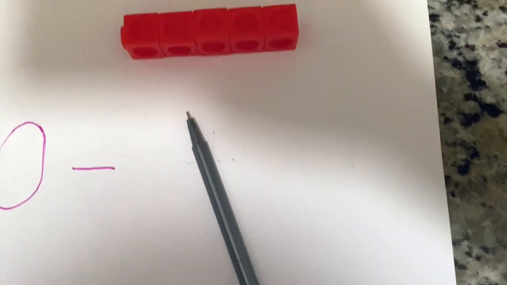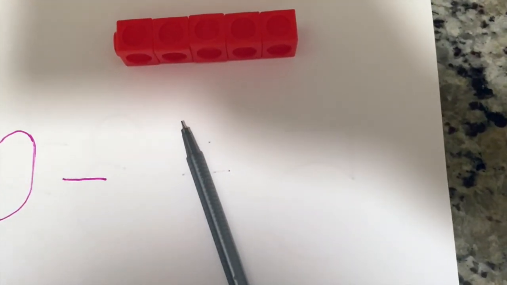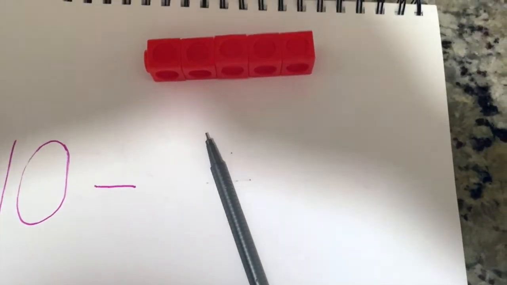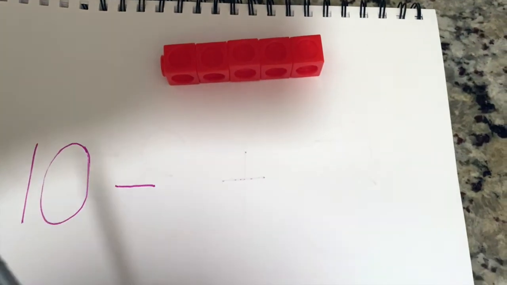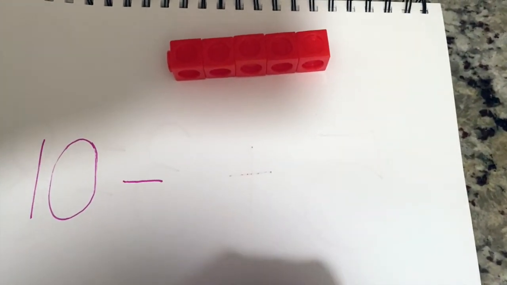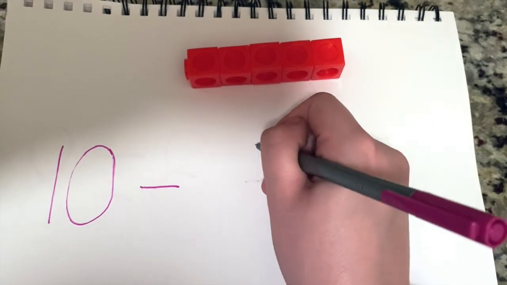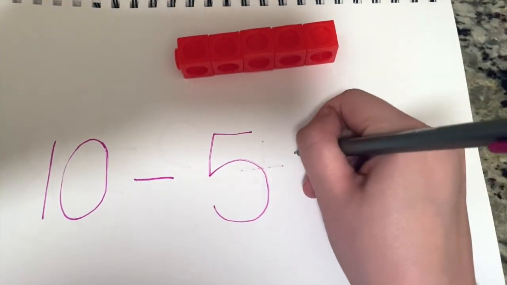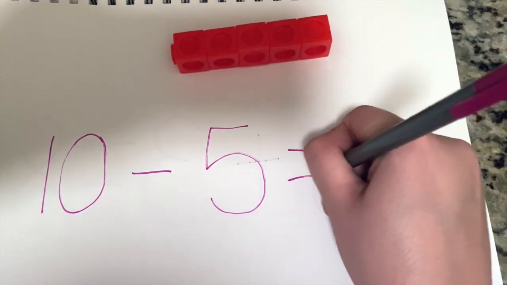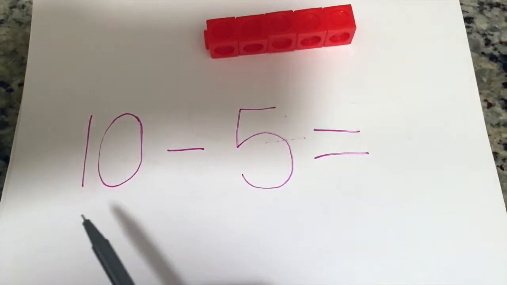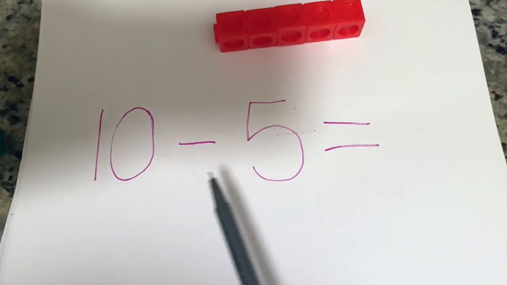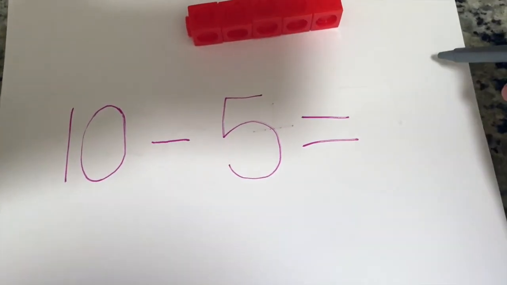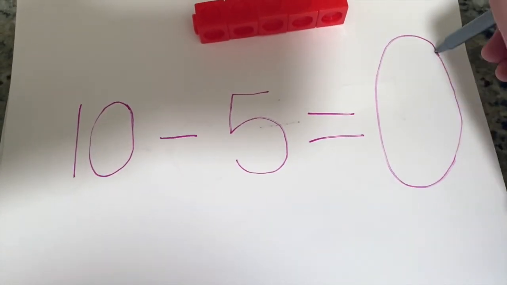How many Unifix cubes did we just separate from the whole cube train? We separated 5, friends. Good job. So we are going to write 5 on the number sentence. And now we know that our problem that we're solving is 10 minus 5, and we need to find out what that is equal to.